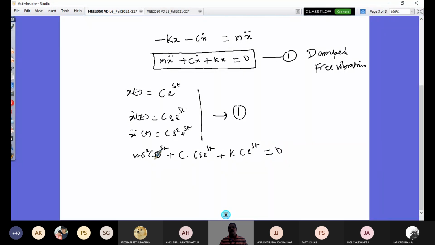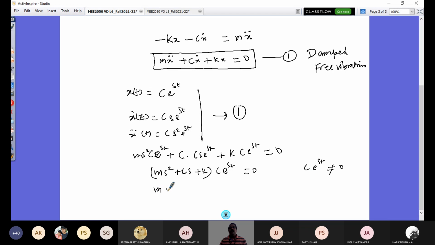That's going to be 0. If I take this c e raised to st out, it is going to be m s squared plus c s plus k, into c e raised to st, equal to 0. c e raised to st is x of t. That cannot be 0 to satisfy this equation.